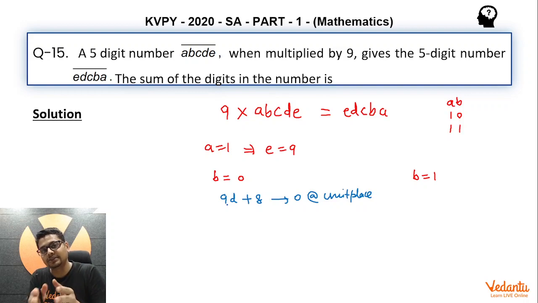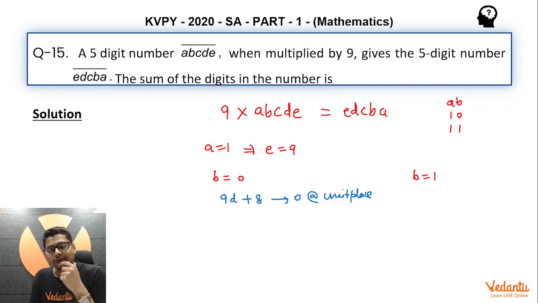So 9 times D plus 8 should give you 0 at the 1's place. That's what would be the tens place of the product, and the remaining part would be carried forward as per the rules of multiplication. Now again, D can be a digit between 0 to 9.